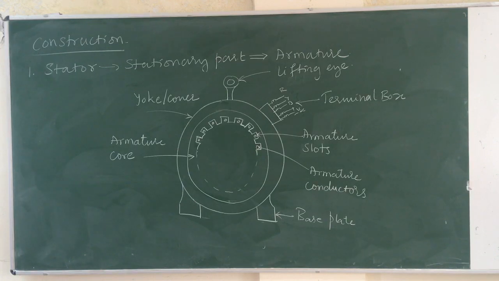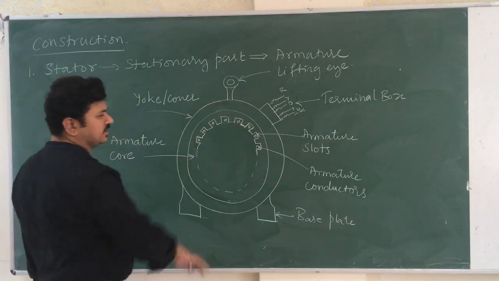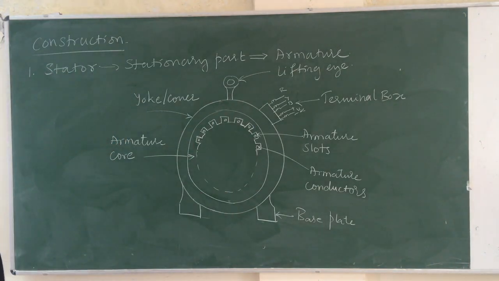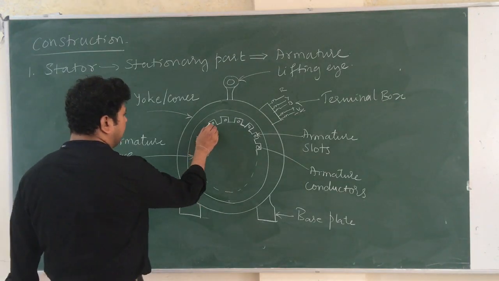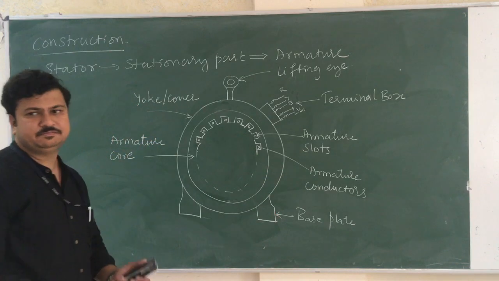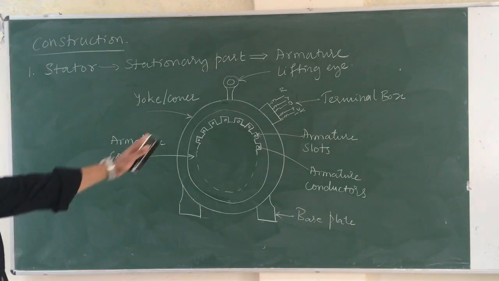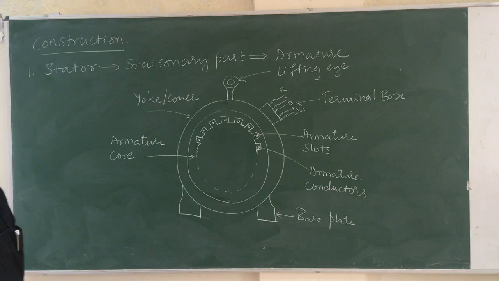The stator of an alternator, or a synchronous generator, is an armature, which is a hollow cylindrical structure, where a number of slots are punched in the inner periphery of the hollow cylinder, and in these slots I keep the armature conductors. So this entire construction is known as the armature.